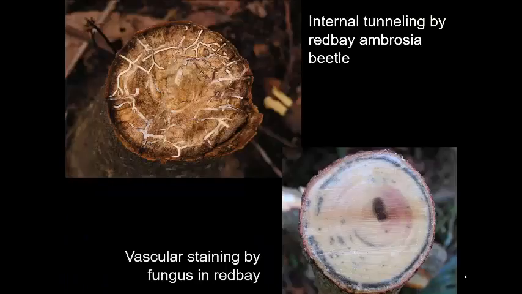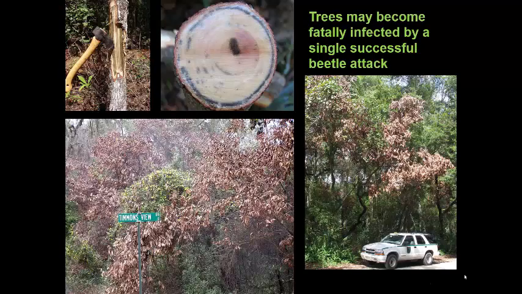Internal tunneling can move aggressively or systemically and cause staining of the vascular system, which in turn will cause the plant to wilt if it gets plugged and compromised. Trees may be fatally infected by a single successful beetle attack. This is quite a serious problem.